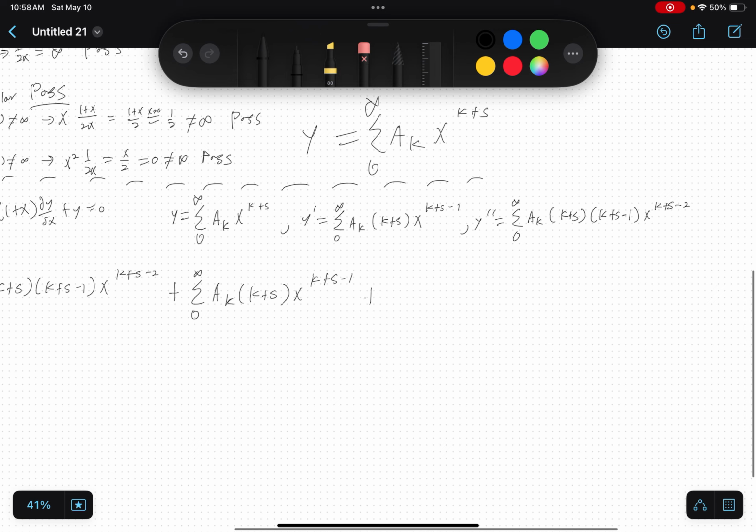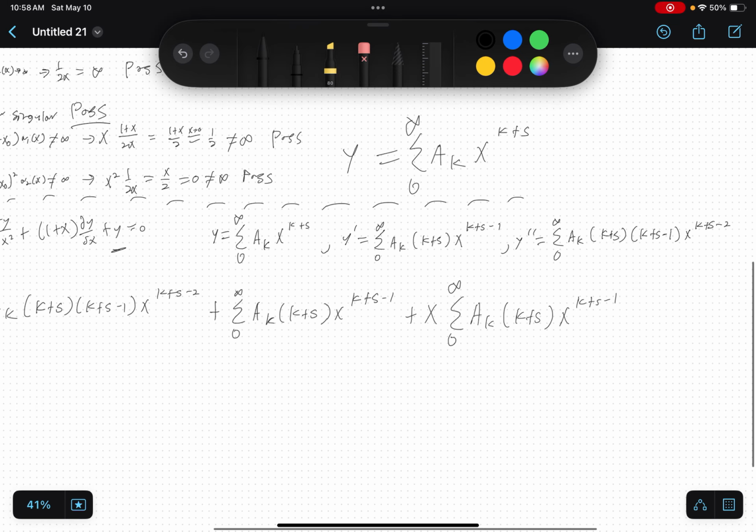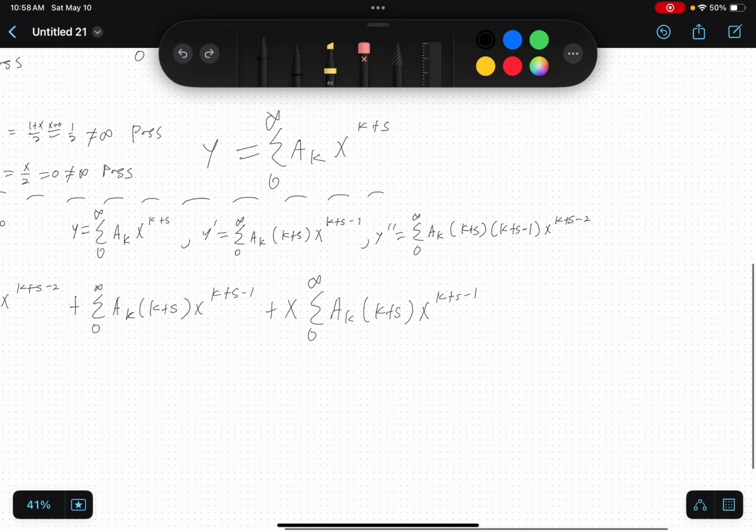And then we have x times that same thing. And then we have just a y at the end, equals 0.